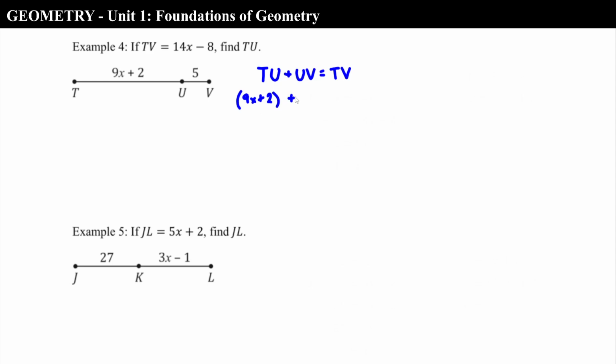UV is 5. And TV is 14x minus 8. We're going to start here because to find what TU is, we need to find x. And so we're going to use the segment addition postulate here to find x. So we add 2 and 5. That gives us 7.